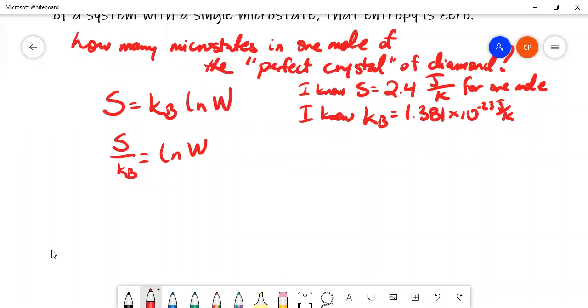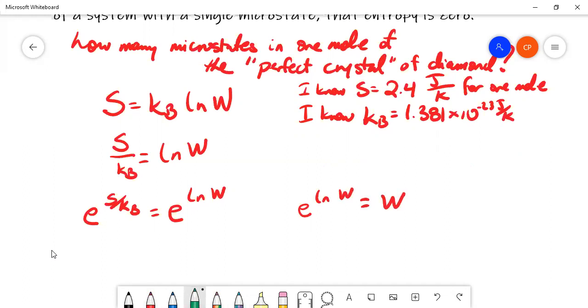I need to raise e to the value of both sides of this equation. E raised to the S over K sub B power is equal to e raised to the natural log of W power. And e raised to the ln of something's power is that something. E and ln undo one another. Okay? Because the effects of E and ln cancel one another out.